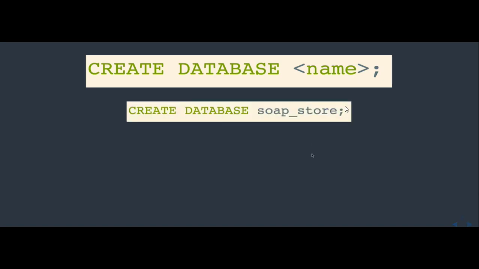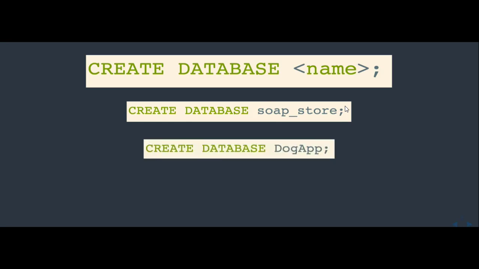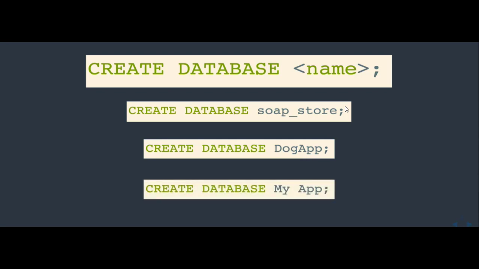So to create a soap store database, we might name it soap_store. For a dog app, we'll create database dog_app. We don't have to use underscores, and you can capitalize any letters. However, if you create a database called my app, you cannot separate it with spaces. You could use a dash, but I don't recommend it.